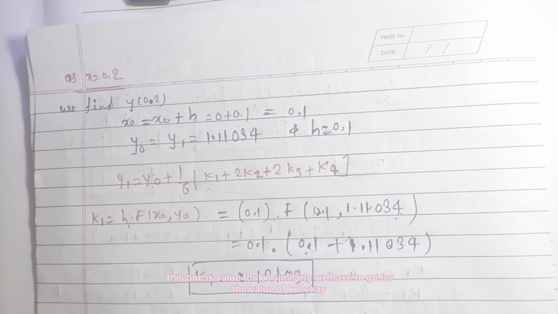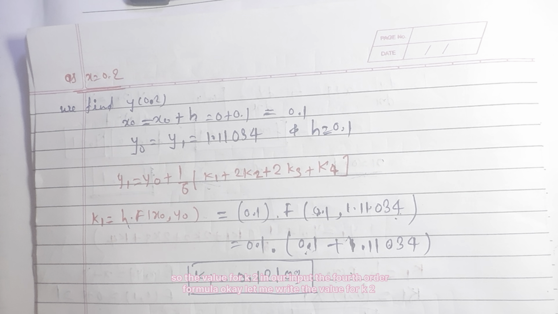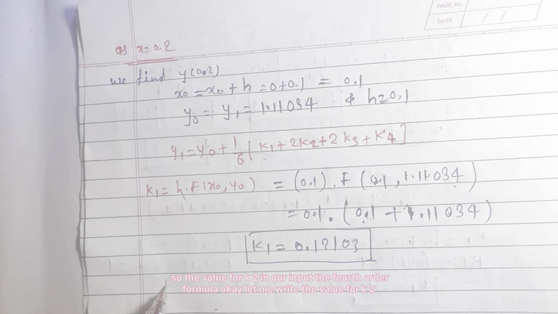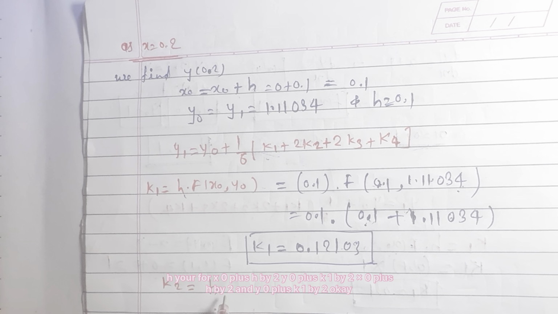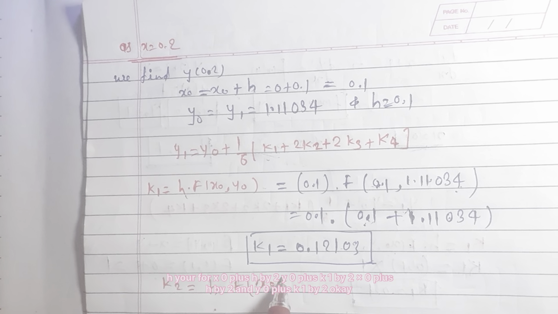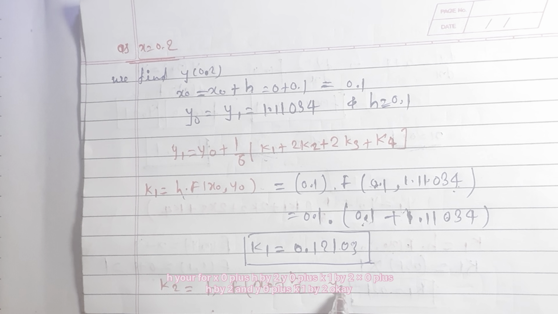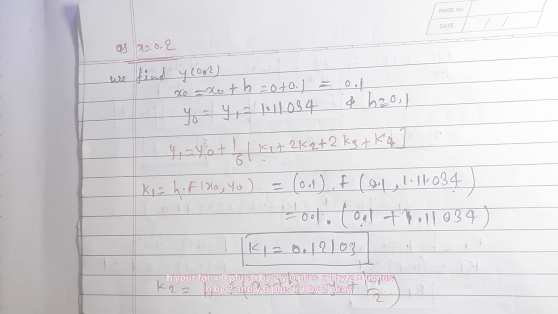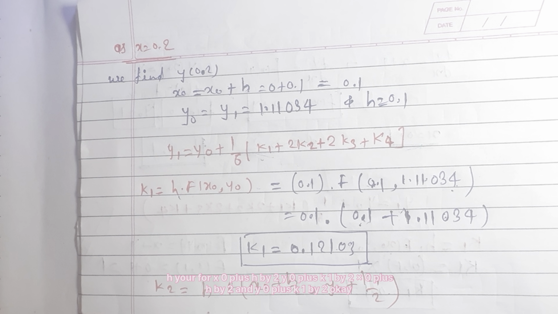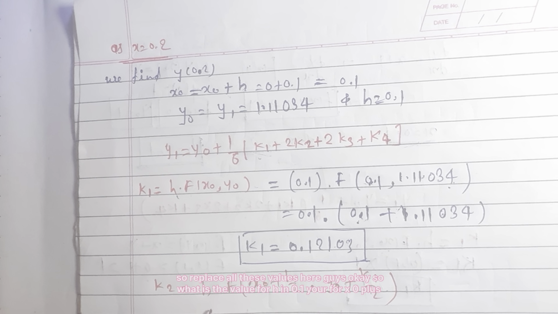Similarly we have to go for the value of K2. So the value for K2 in our Runge-Kutta fourth order formula, let me write: h f of x naught plus h by 2, y naught plus K1 by 2. So replace all these values here guys.